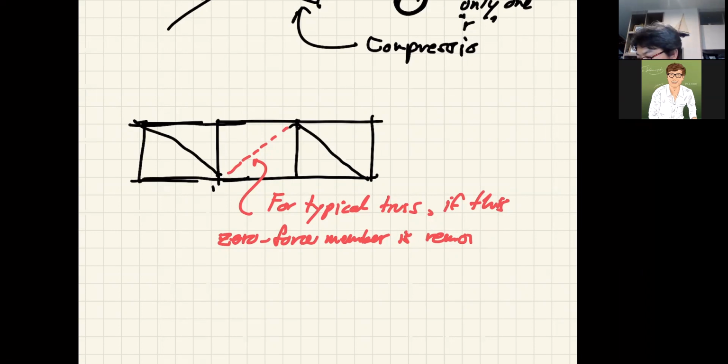This is called, spelling may be incorrect, a Vierendeel truss. And Vierendeel is the name of an engineer who started using stuff like this. Funny how I thought it was the meaning of the structure because Vierendeel means 4 sides.